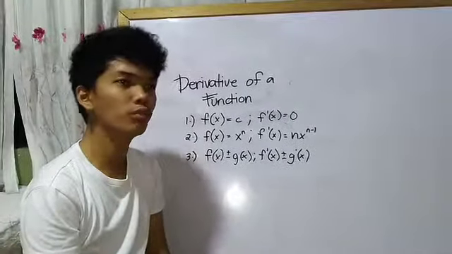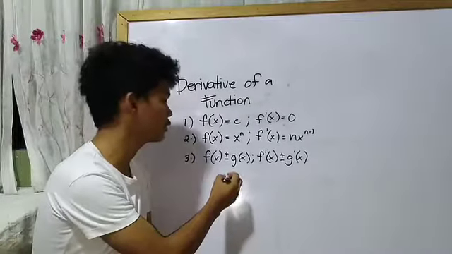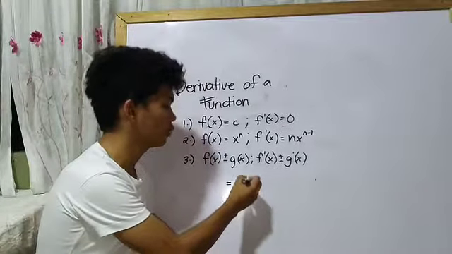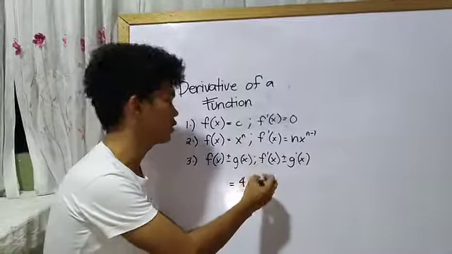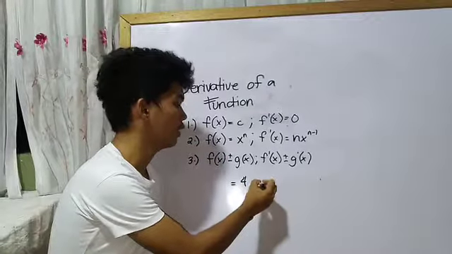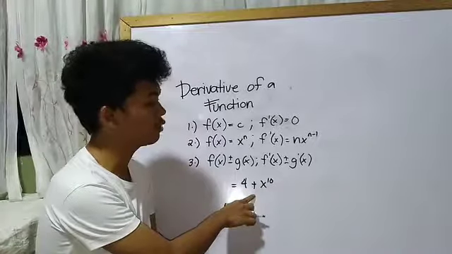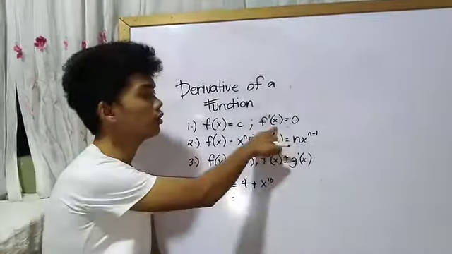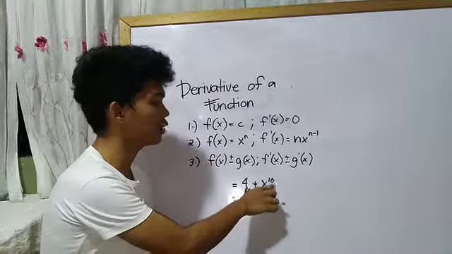The example of the sum rule is, for example, we have here a constant function which is 4 plus a power rule function, x raised to 10. So we just need to get the derivative of these two functions. So if we have 4, using the constant rule, we have 0 here, plus x raised to 10.